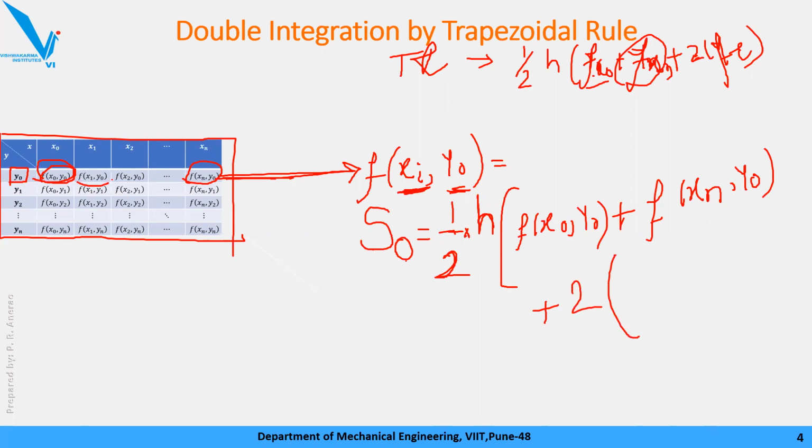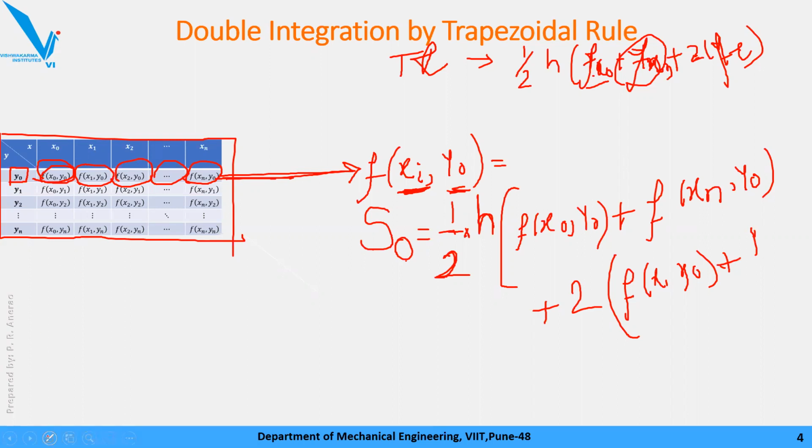So the remaining part is f of x1 comma y0. No need to remember the actual f of and so on, you know what to do. Then plus next value, plus next value and so on. So you have to keep adding.